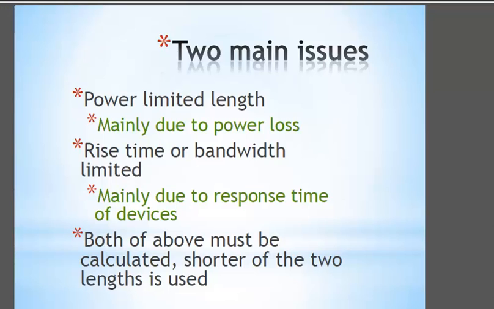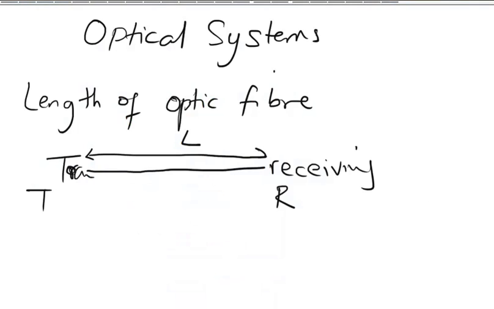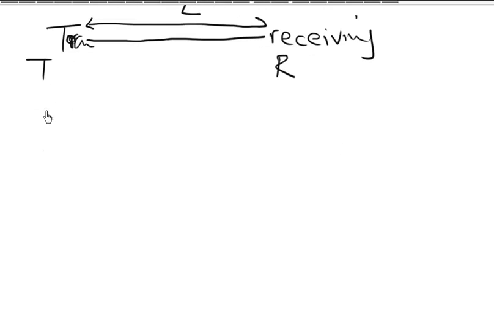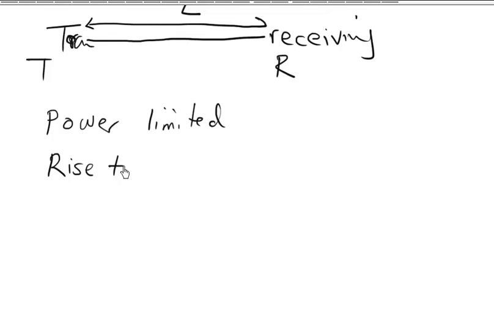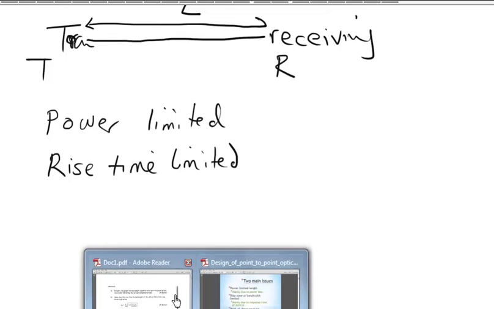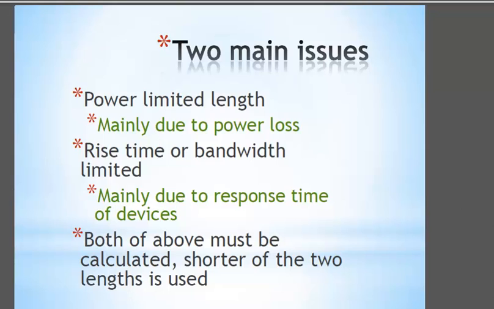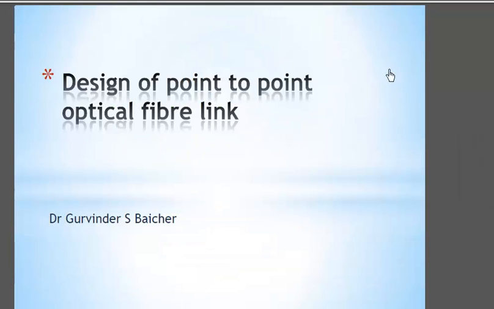So the two points to note are power limited and rise time. So what we call them? The main factors affecting design of point-to-point fiber optic links.